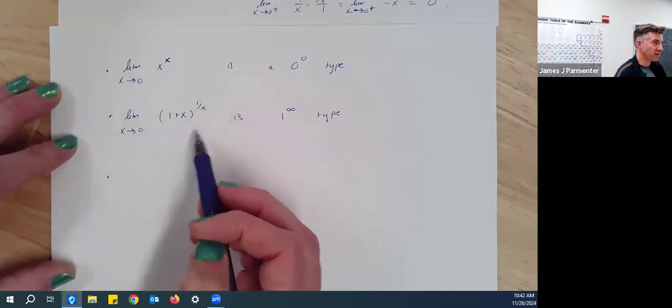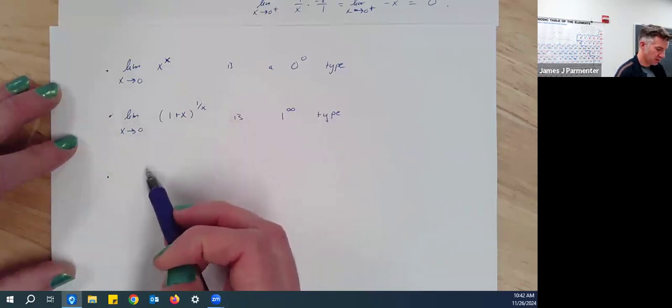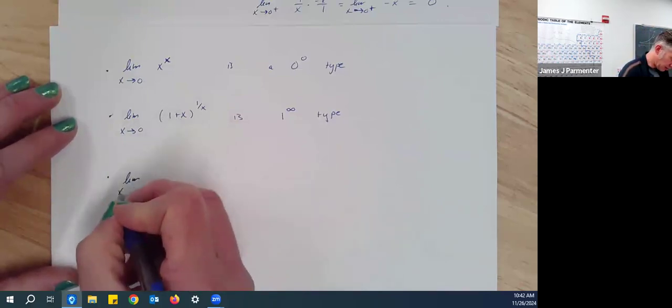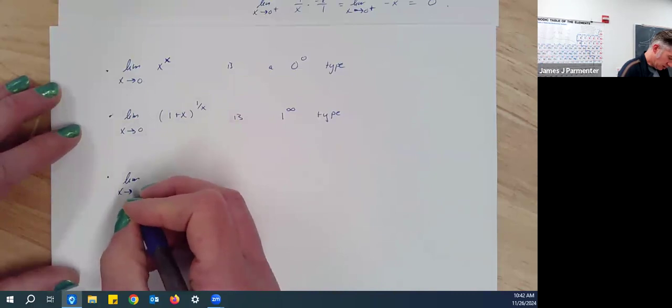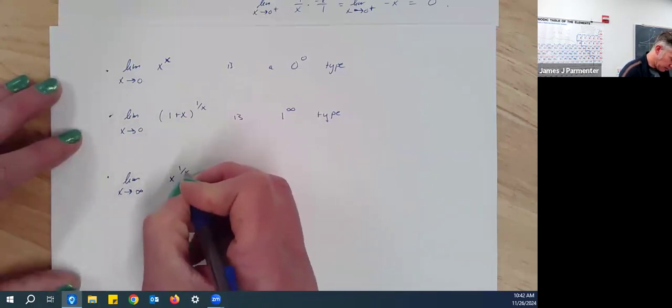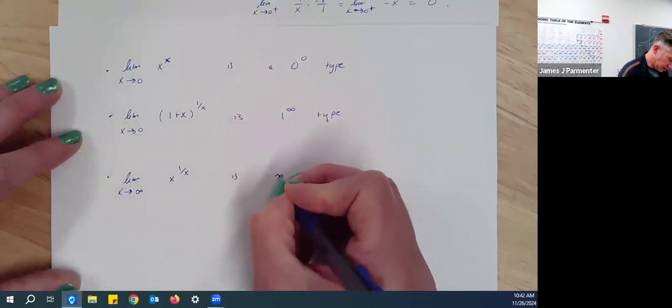It's got to be infinity to the 0 type. The limit as x approaches infinity of x to the 1 over x power. This is an infinity to the 0 type.